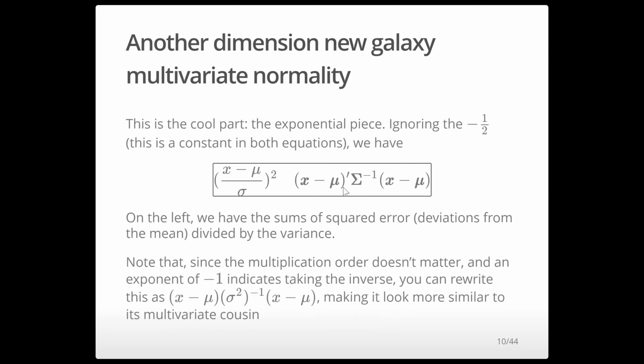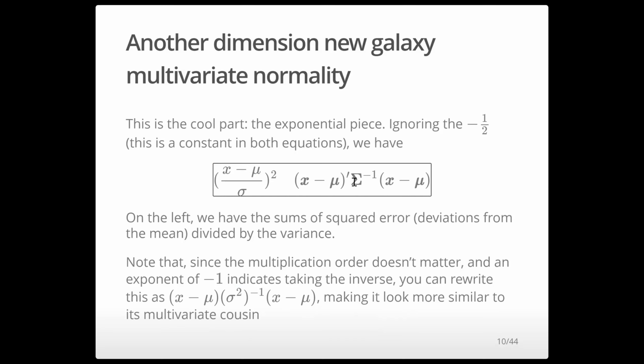And so that gives us the same thing, just a way of rewriting this here. And now it starts to look a little bit more similar to the multivariate component over here, where instead of single variables, we have a mean vector. Remember, mu bold is a mean vector, and x bold is a vector.